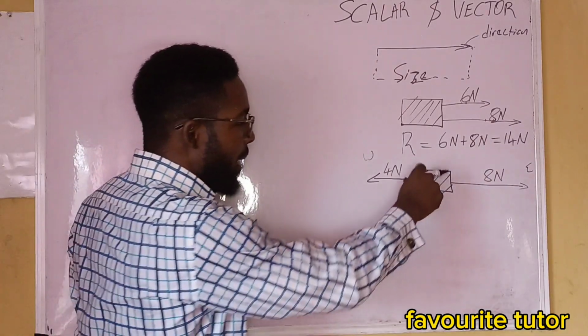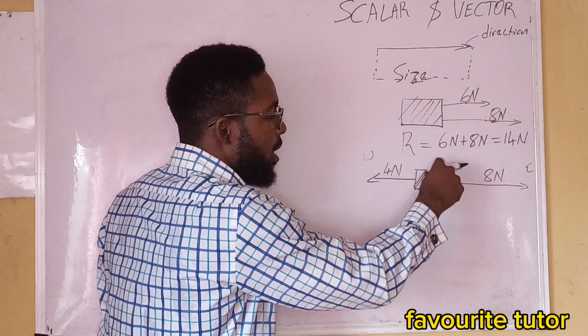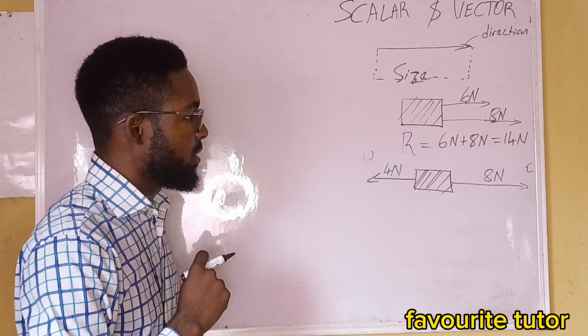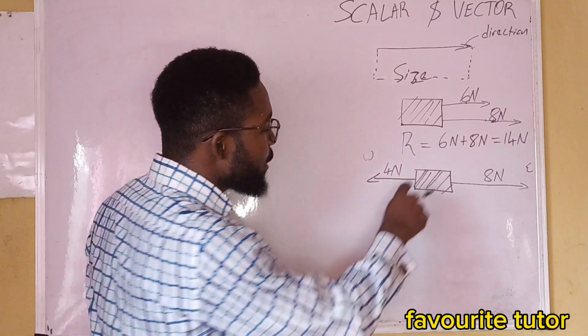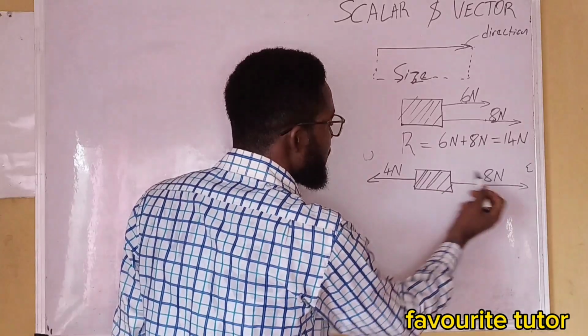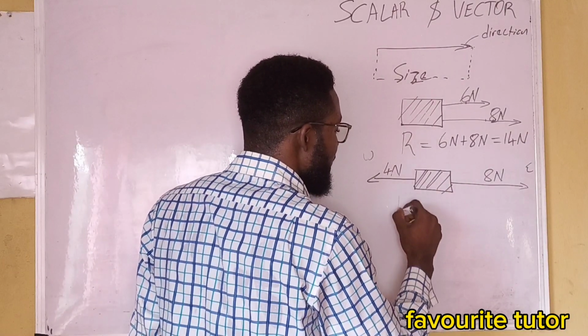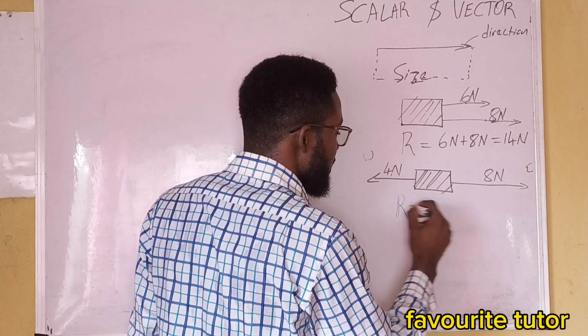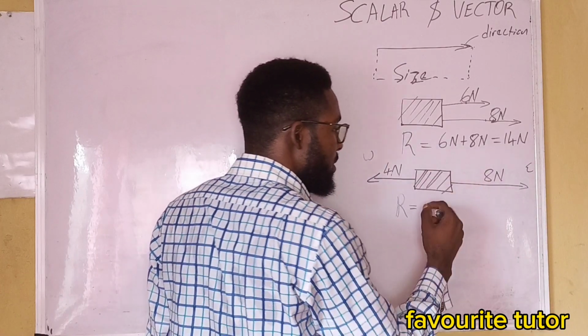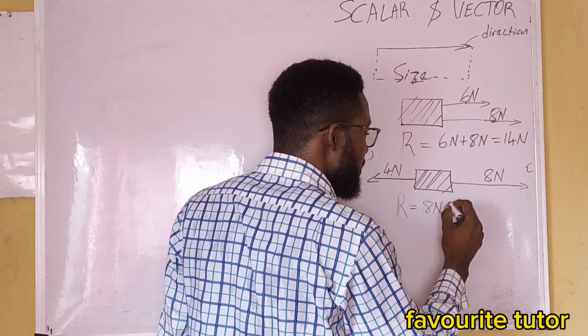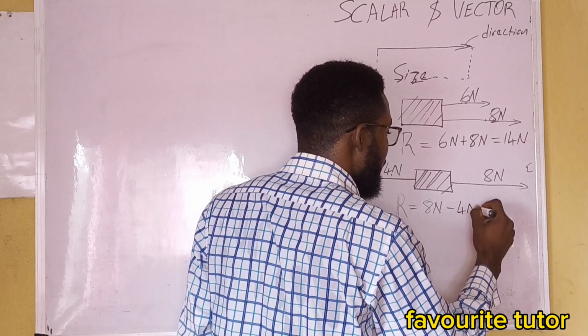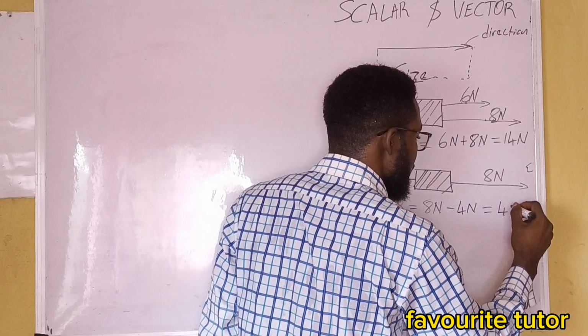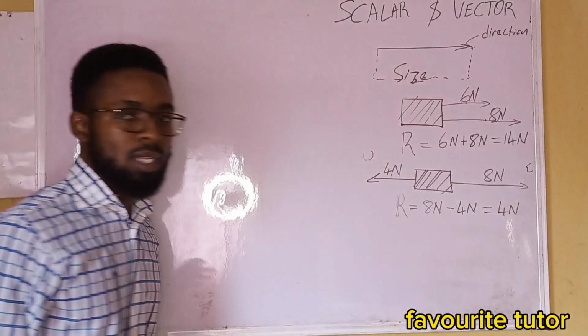The net force is the subtraction of these two. That is the resultant: 8 Newton minus 4 Newton, which equals 4 Newton.